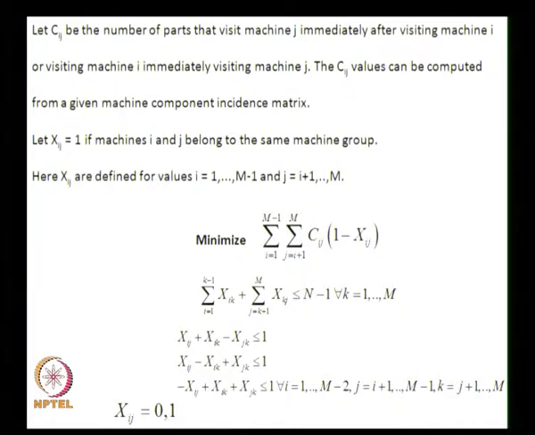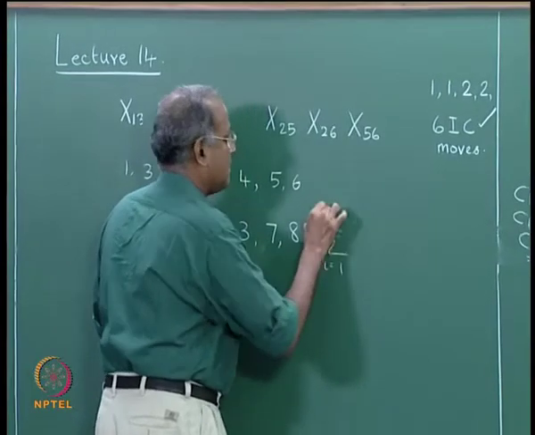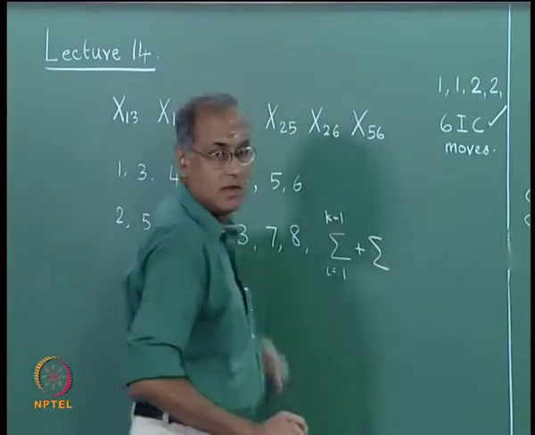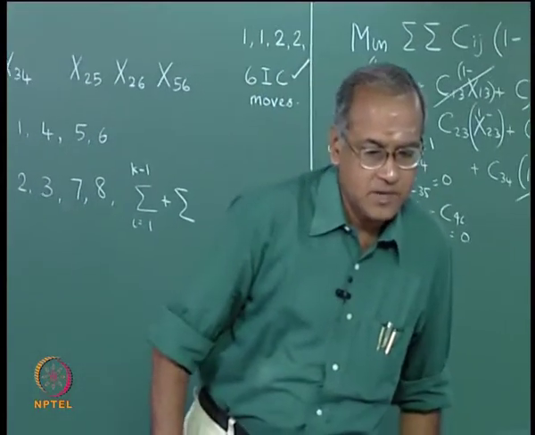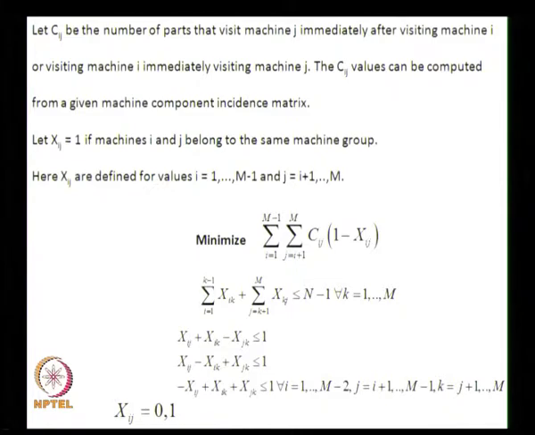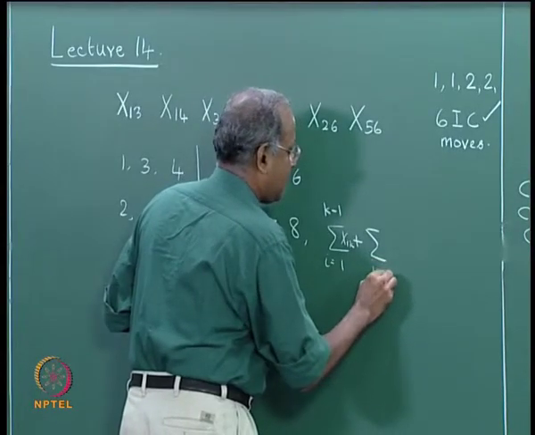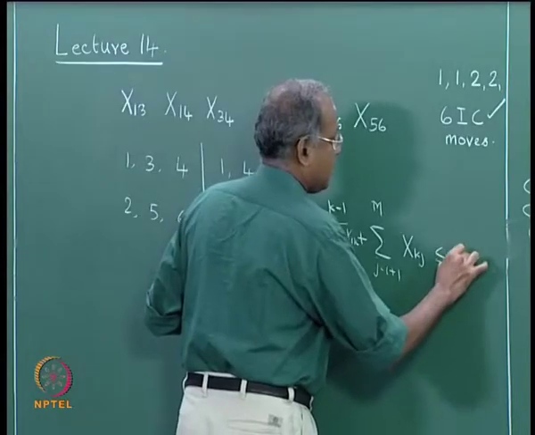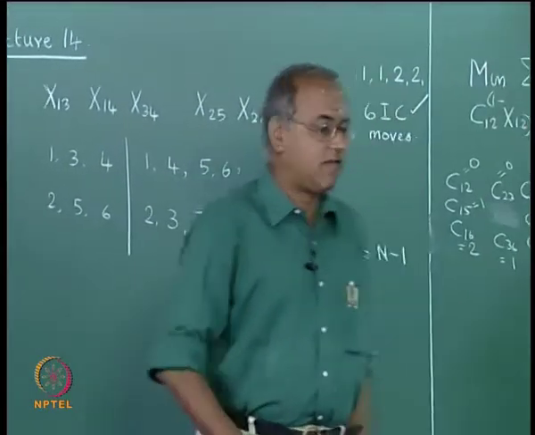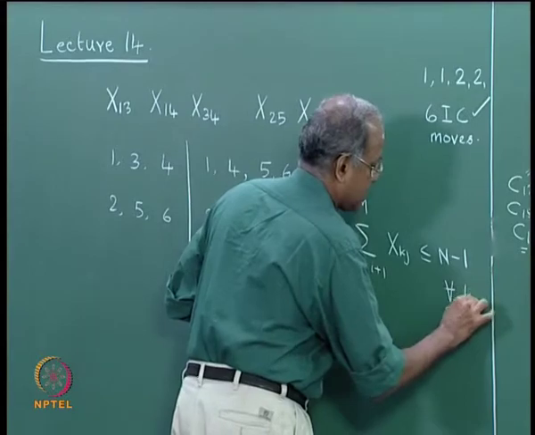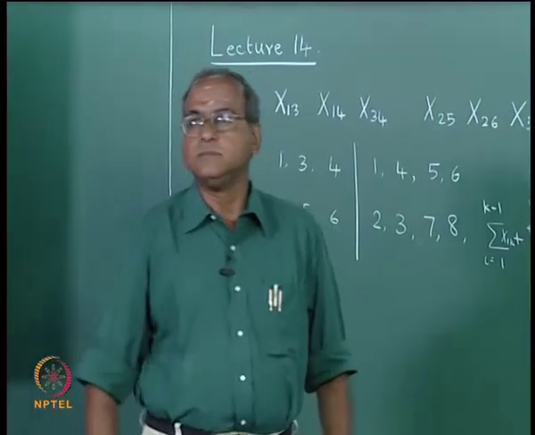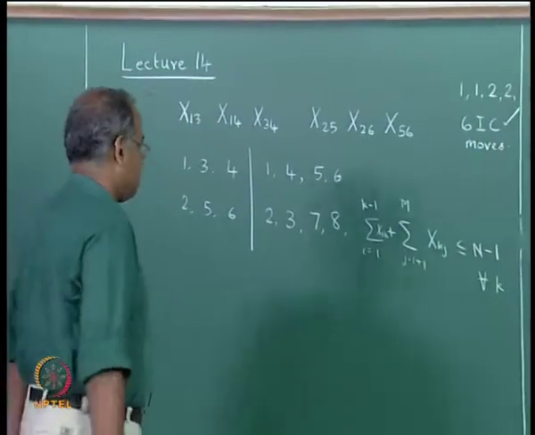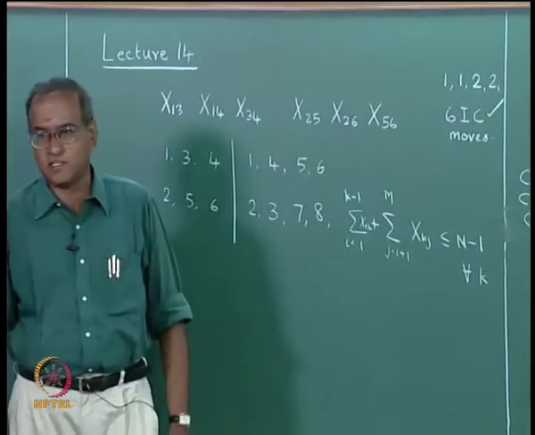The first constraint is the sum over i equal to 1 to k minus 1 of x i k, plus the sum over j equal to k plus 1 to m of x k j, is less than or equal to n minus 1, for every k equal to 1 to m, which means there are 6 machines in this formulation.